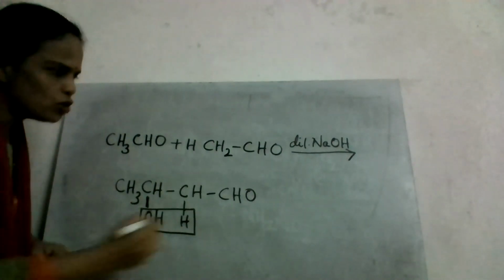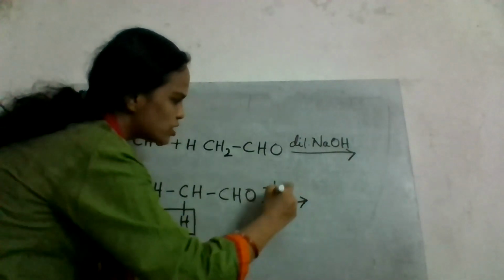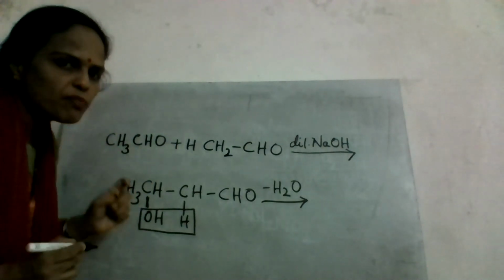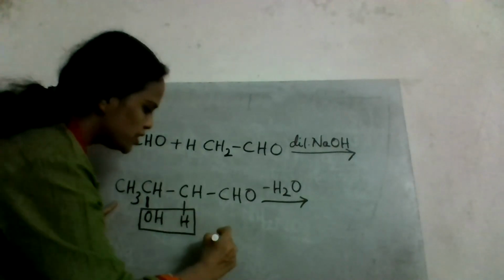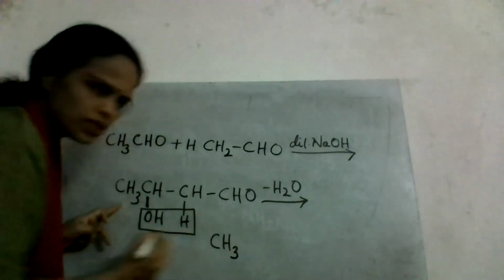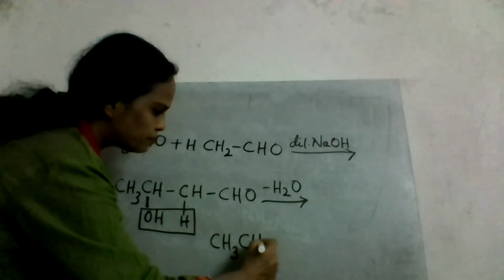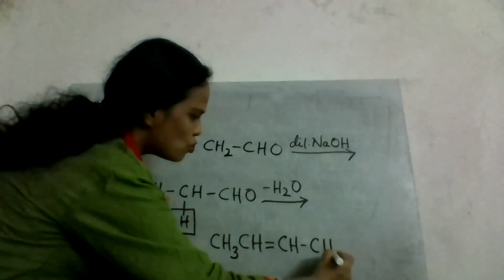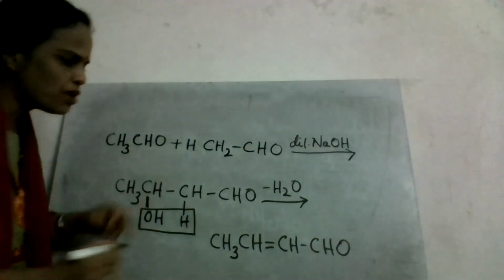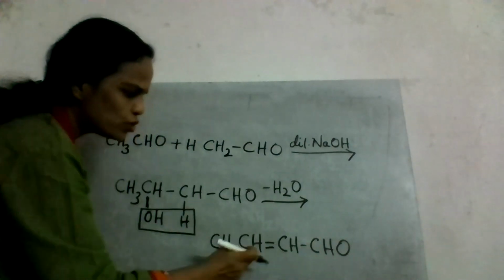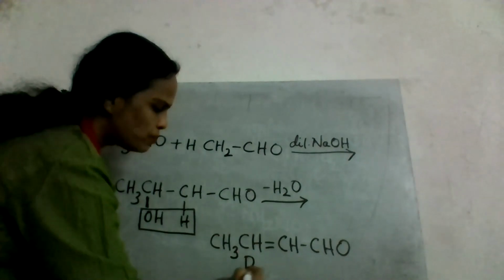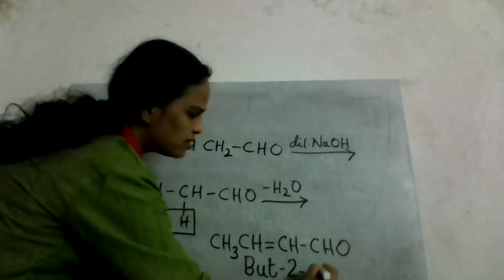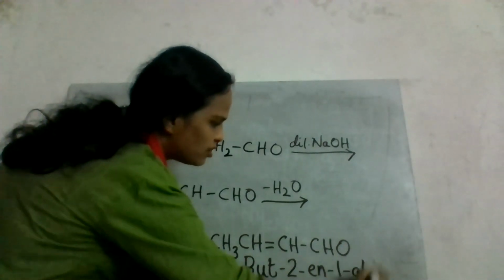On heating, it loses water molecule. It loses one molecule of water, and it results in the formation of alpha beta unsaturated compound. So see here, the compound that is formed is CH3CH, this becomes double bond CH, CH, O. And the name of this compound is, 1, 2, 3, 4, so it is but-2-en-1-al.